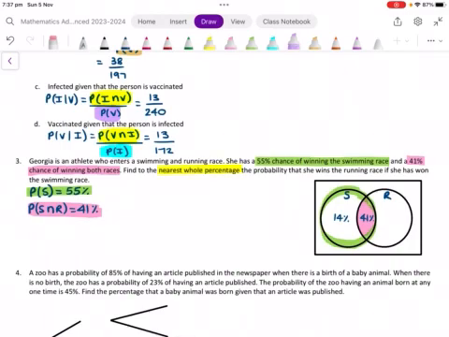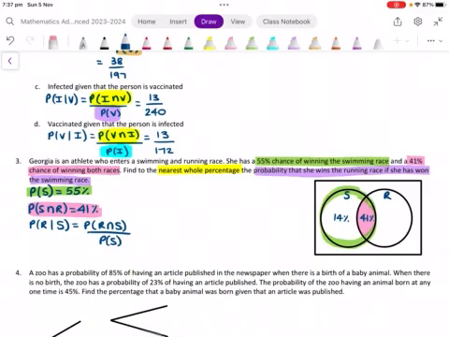We want to find the probability that she wins the running race if she has won the swimming race. So she's already won, so we're finding the probability that she wins the running race given she has won the swimming race. So this is the probability of running win given swimming win. So this will be the probability of running and swimming over the probability of swimming.